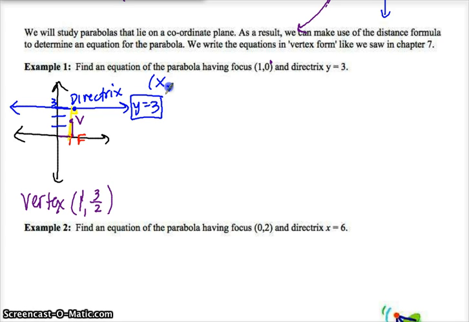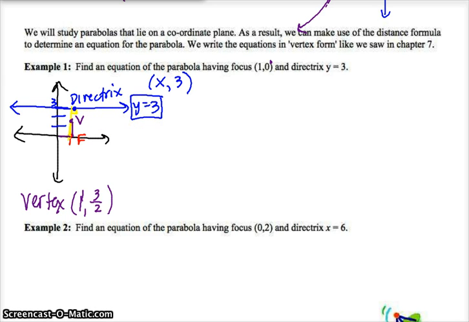I know that on that point on the directrix, the x-coordinate can always change, but my y-coordinate will always be 3, right? In that GSP demonstration, you can see that point was always going along the directrix. We can't go off the directrix in order to find the distance. It's the distance from the point on the parabola to the directrix. Well, the y-coordinate will always stay 3.